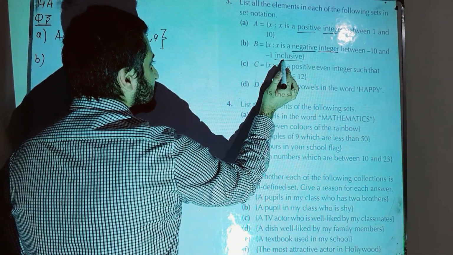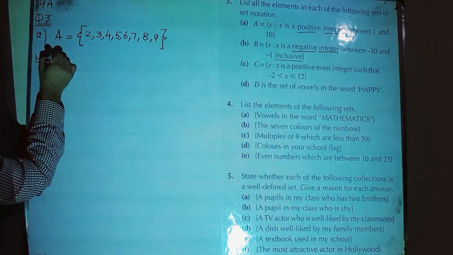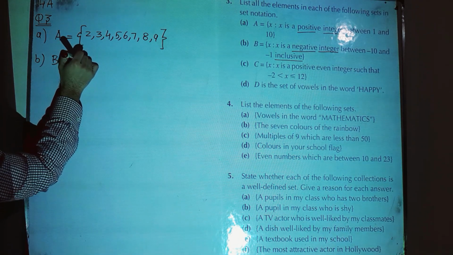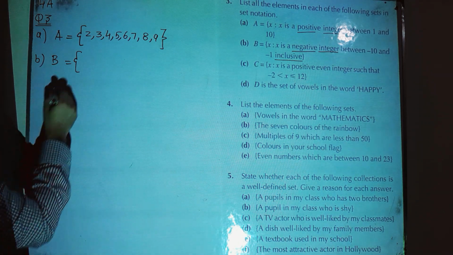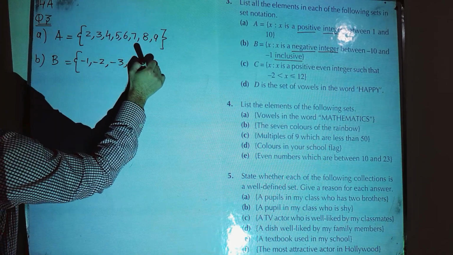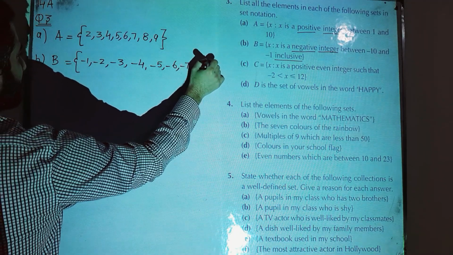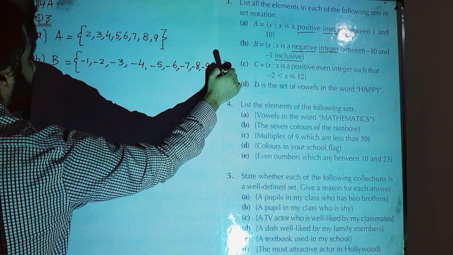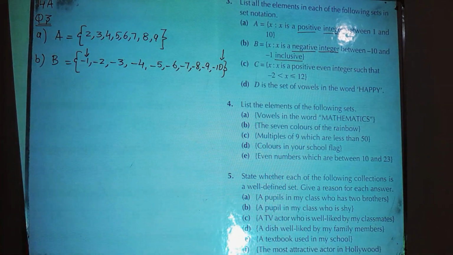So when the word inclusive is used, then you have to include minus 1 and minus 10 here. So the set B will be negative integers from minus 10 to minus 1 inclusive: minus 1, minus 2, minus 3, minus 4, minus 5, minus 6, minus 7, minus 8, minus 9, minus 10, and again because the word inclusive is here, I have included both of them.